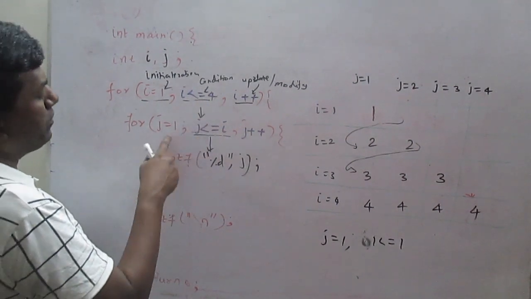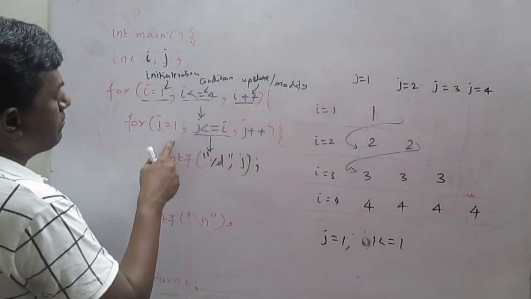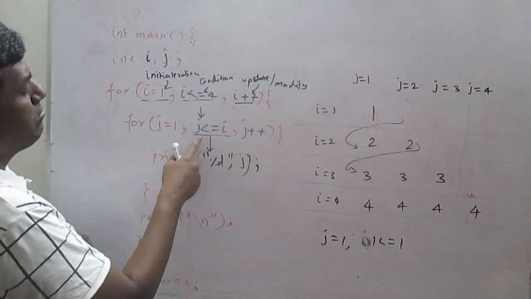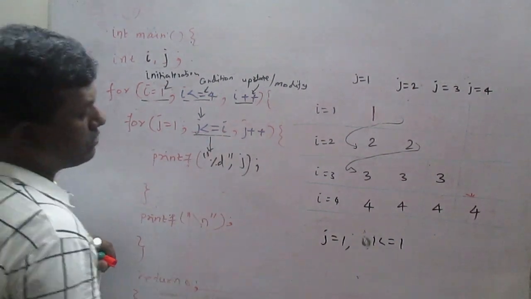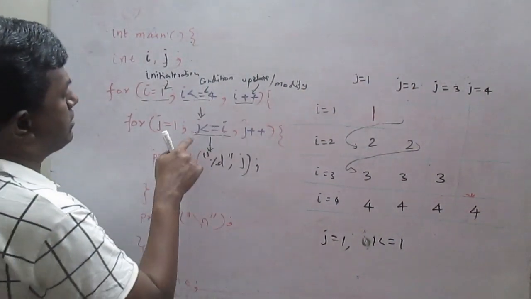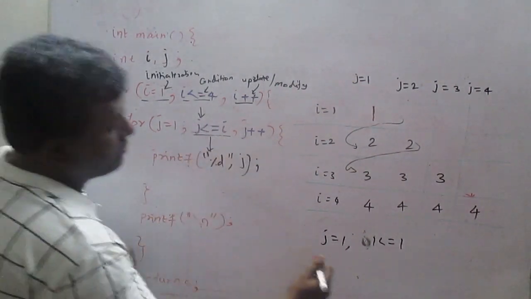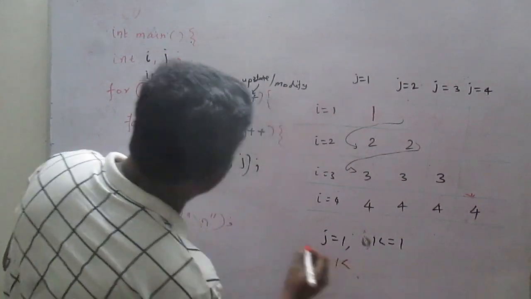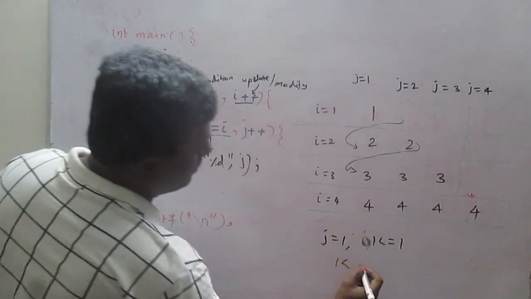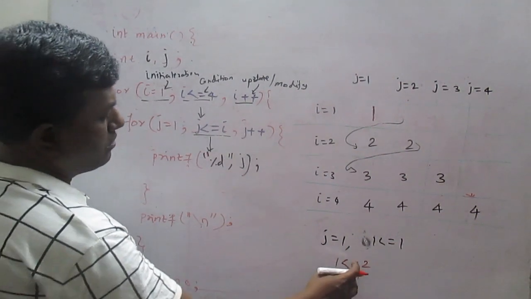Now again, j is 1 but i is 2. So we check 1 less than or equal to 2.